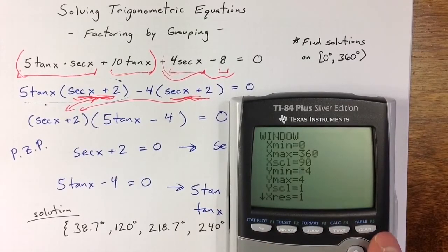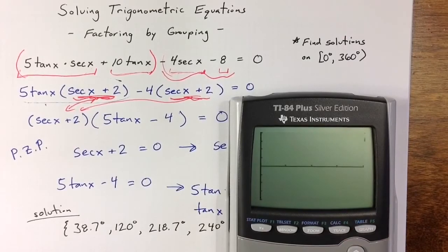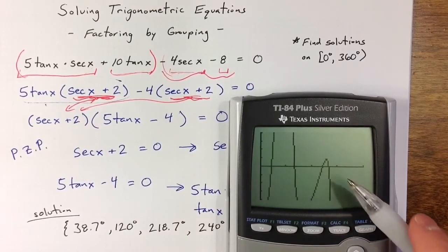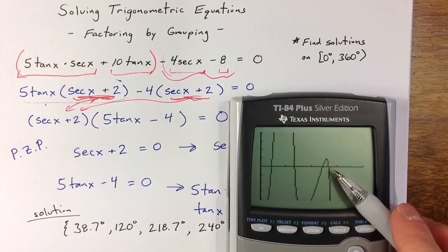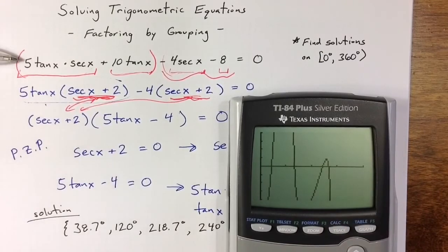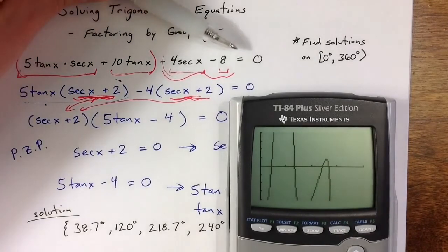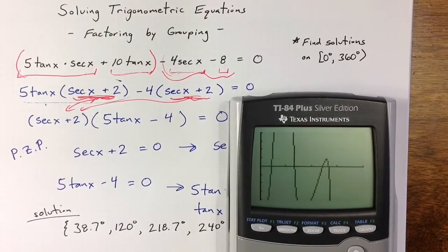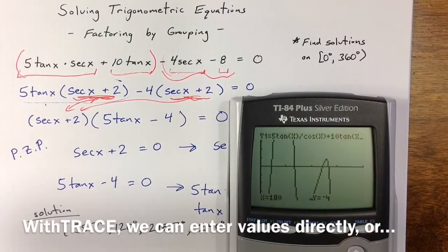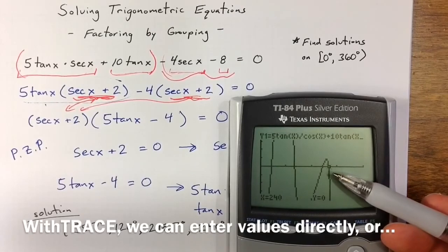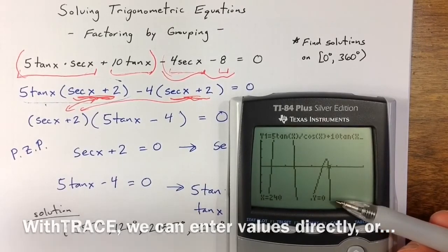Looking at the graph, the solutions are where the graph crosses the x-axis, because that's where the expression gives us a value of 0. Once we have the graph, we can use the trace key to confirm that the points that we found are solutions. If I hit the trace key and then type in those values, typing in 240 places the cursor at 240, and we see that there's a solution of 0.